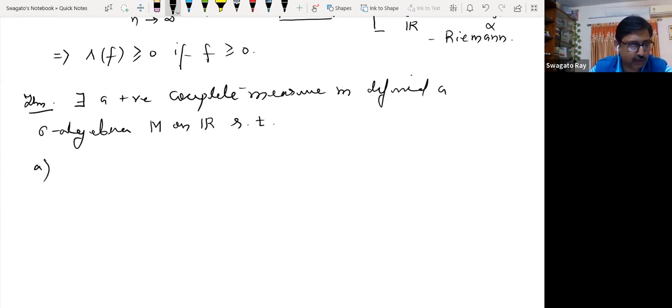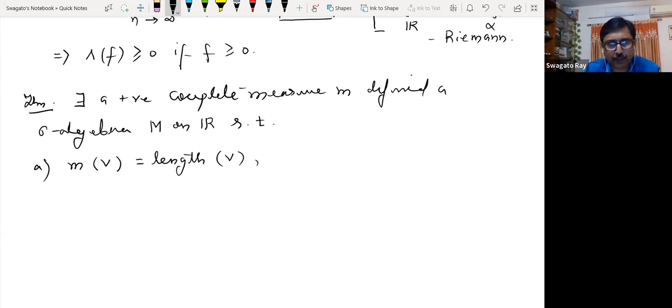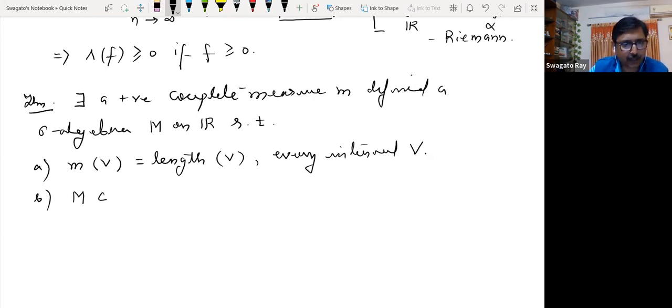The first and foremost, the most important property is that the measure of any interval V is the length of V. That's the first important property, and this should be true for every interval V. So this measure actually generalizes the length of an interval. B: capital M, the so-called Lebesgue sigma algebra, contains B, meaning the Borel sigma algebra.